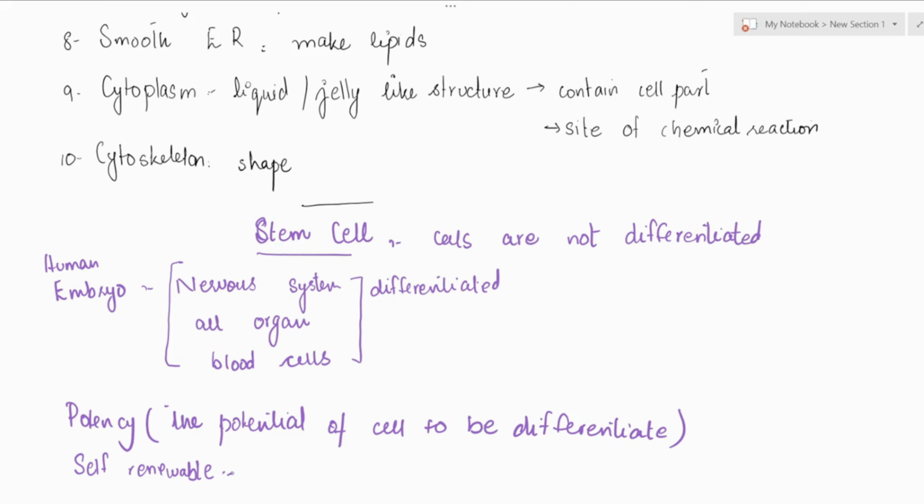They stop growing after a certain time. Similarly, your nerve cells, the neurons, stop growing after a certain limit. But your skin cells keep on dividing again and again.